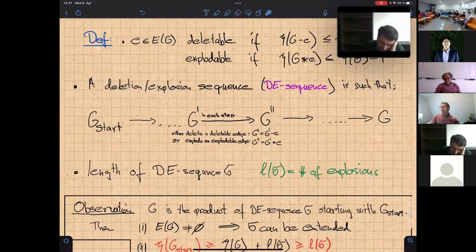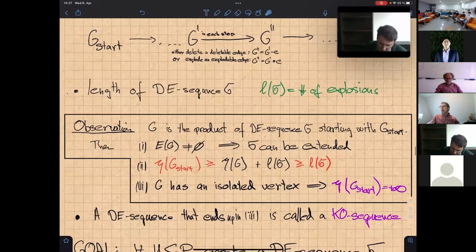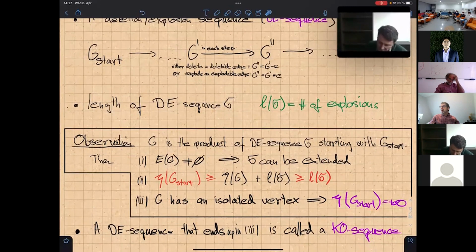Either this graph has an isolated vertex, in which case you are done, because if you have an isolated vertex, then your connectedness is infinite, or this graph has no isolated vertex, it's empty, but then you can count how many explosions you did in the meantime, and the connectedness will be lower bounded by the number of explosions.